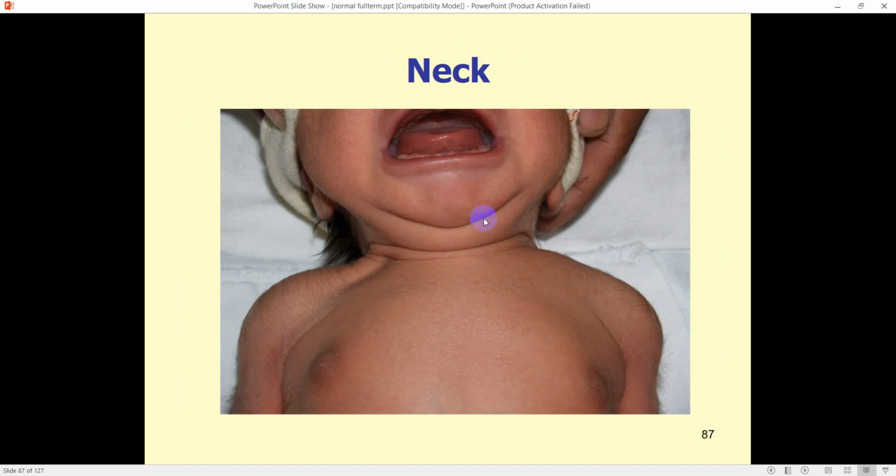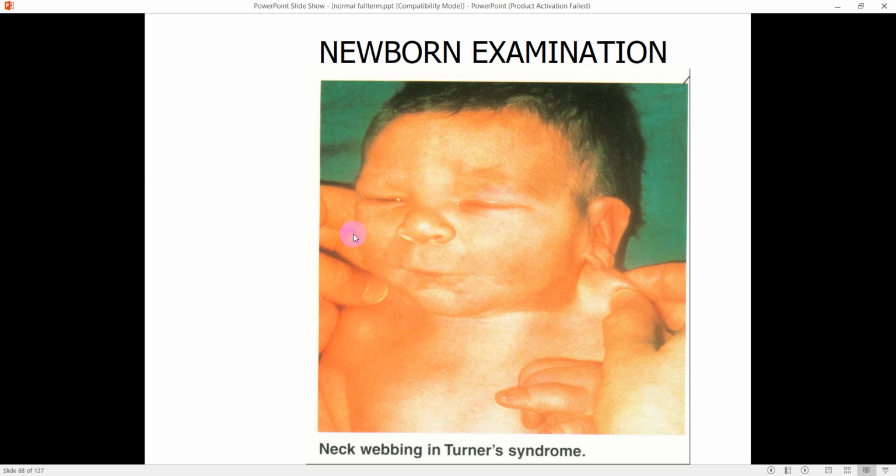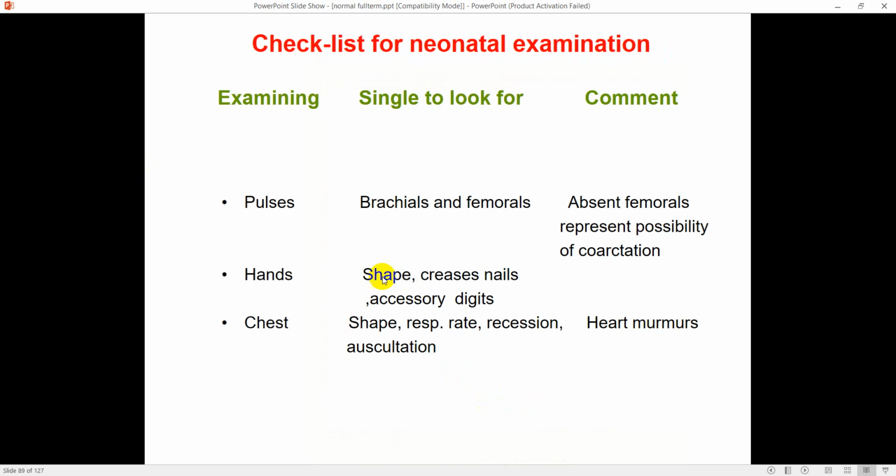Then we need to examine the neck for evidence of webbed neck. This is evidence of webbing of the neck that may occur in Turner syndrome. We need to examine the pulses, and if there is evidence of absence of femoral pulses, it means the patient may have coarctation of the aorta.